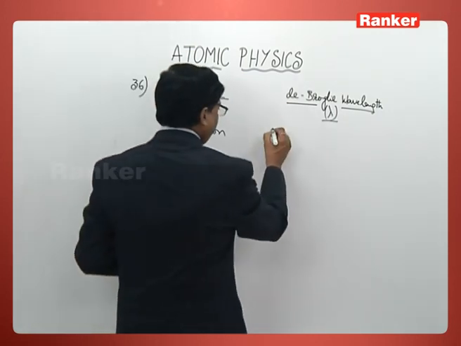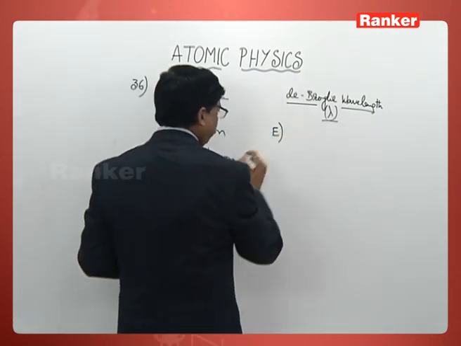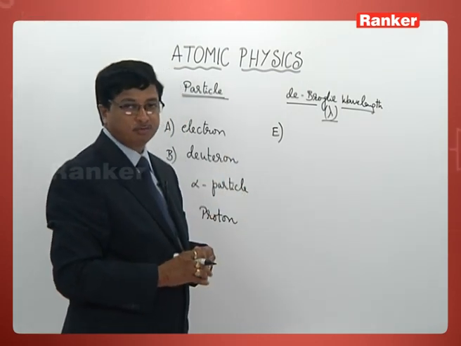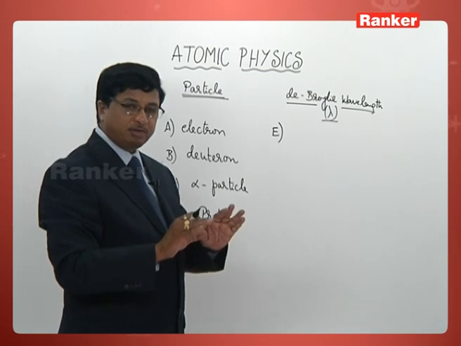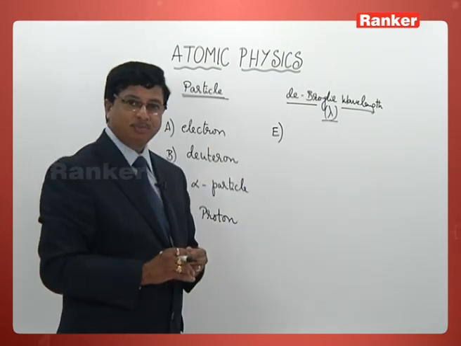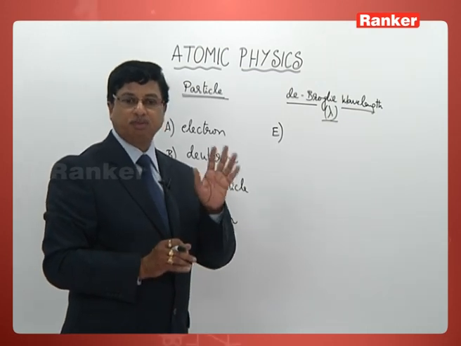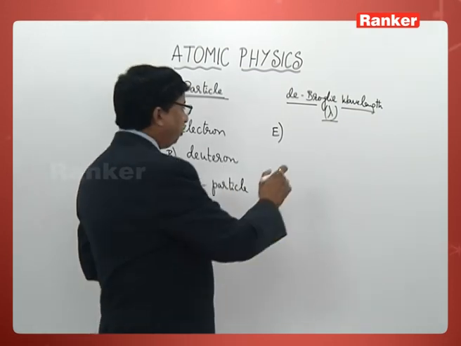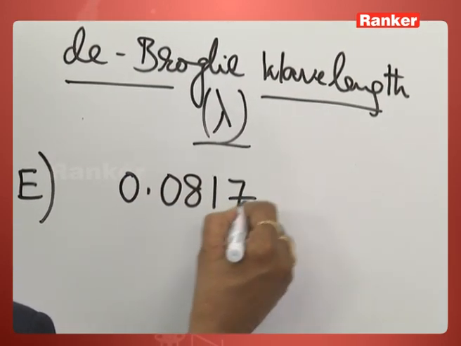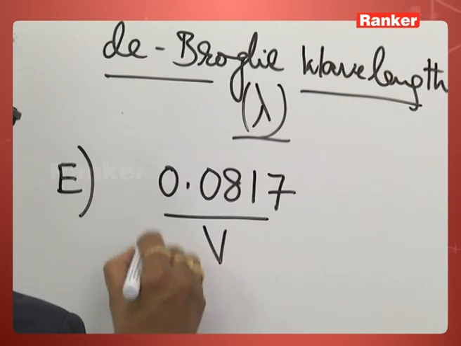Next, the corresponding de Broglie wavelengths, he has once again mentioned four different values. He has not given the total value because V will be a variable there. So he has given a simple step like 0.0817 by V under root.